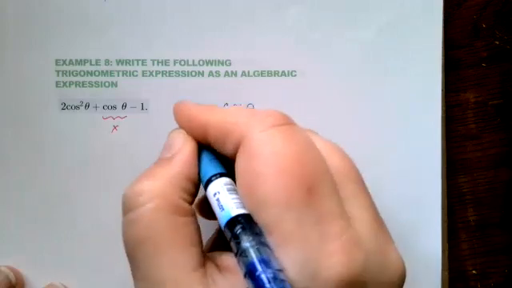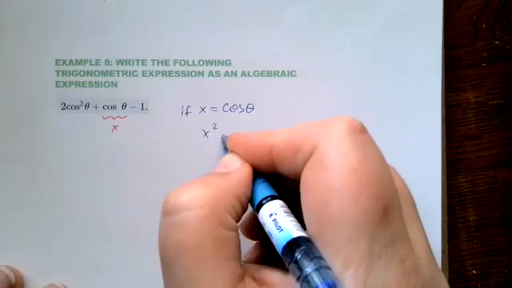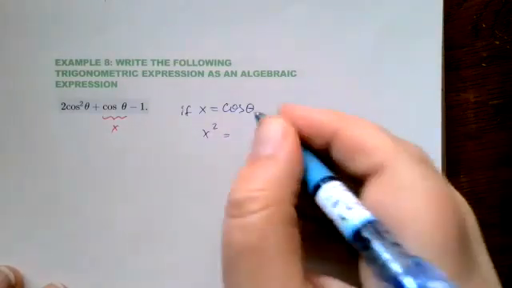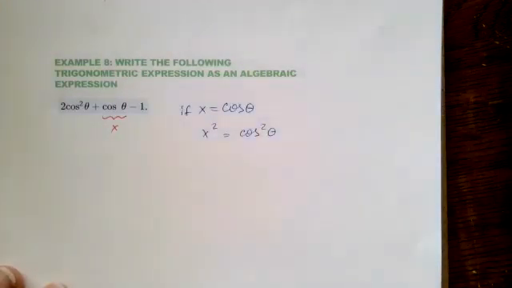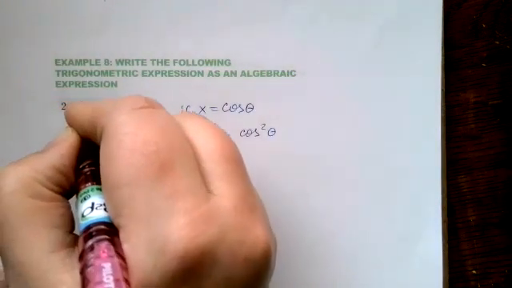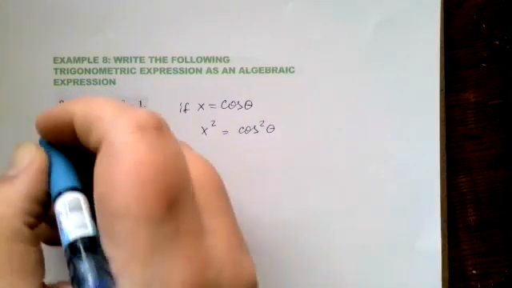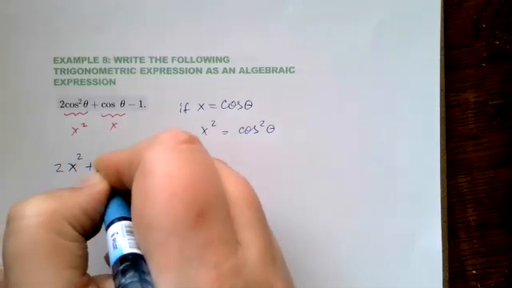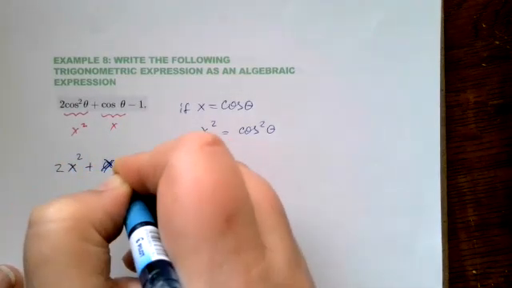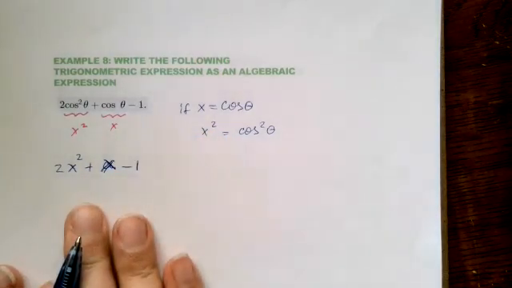If x is cosine theta, what is x squared going to be equal to? I hope you guys are saying that that is cosine squared theta. So here in this expression, cosine squared theta is x squared. So when I make that substitution, I'm going to get 2x squared plus x minus 1. And this is a quadratic expression.